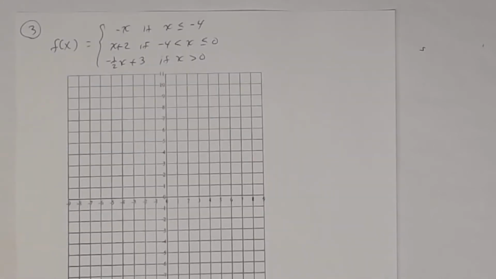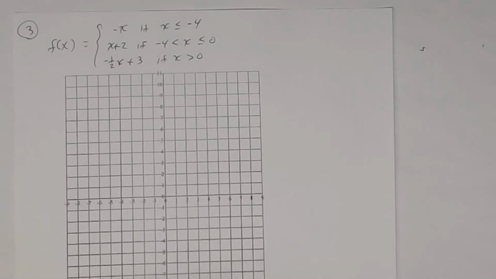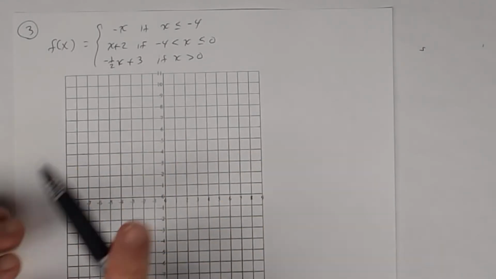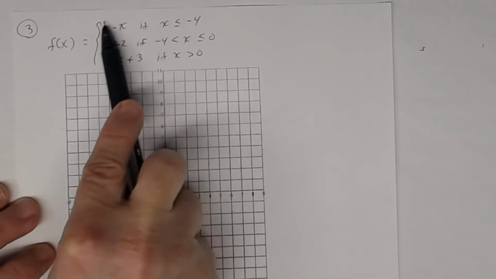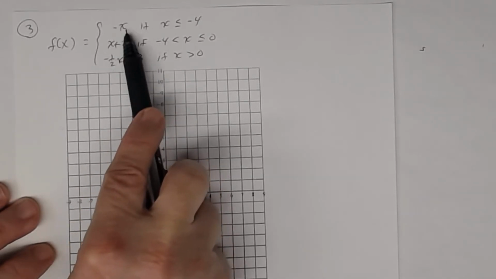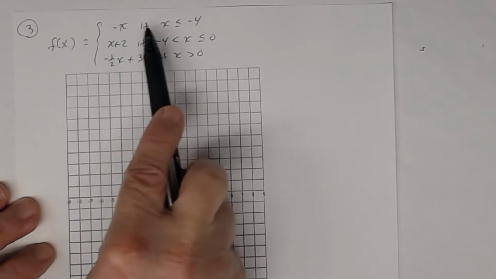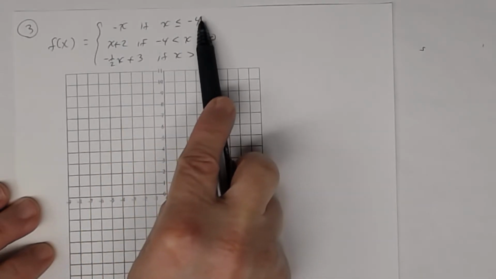All right, let's look at number 3. So here's number 3. I want you to first of all recognize you're going to have 3 pieces to this graph. You have this piece, and this piece. Whenever you use y equals -x, that's going to be when x is less than or equal to -4.